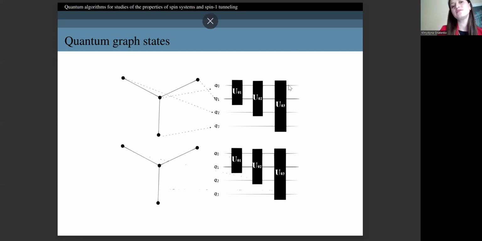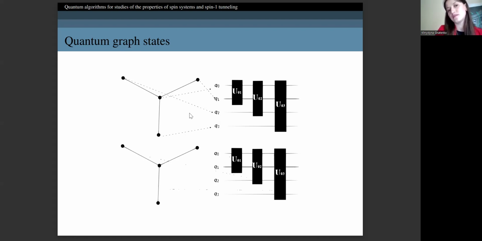So if you consider a very simple graph, for instance, you have to say what you mean that this graph is related to a quantum state or a quantum state is related to a graph. So the most simple way of representing a graph with a quantum state is to map each node to a qubit.